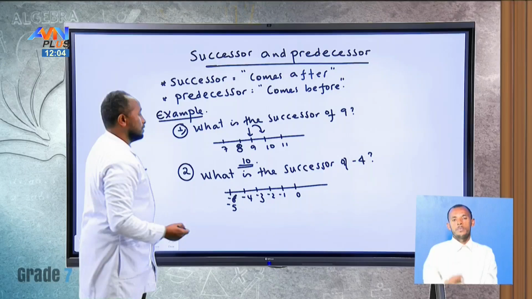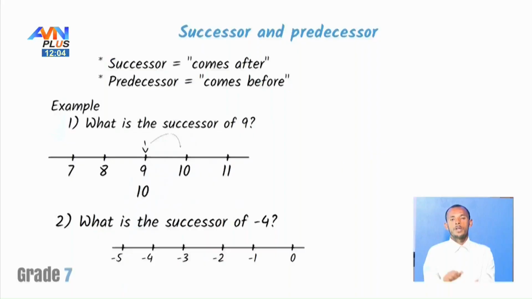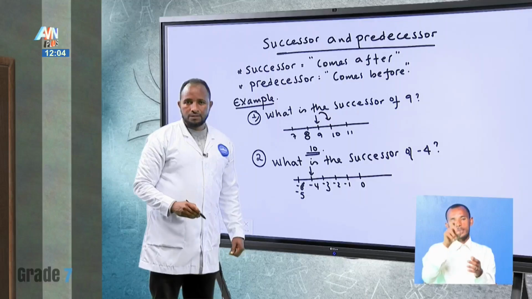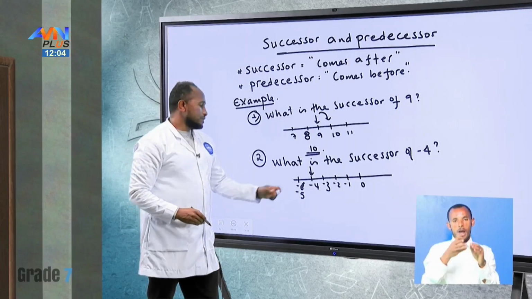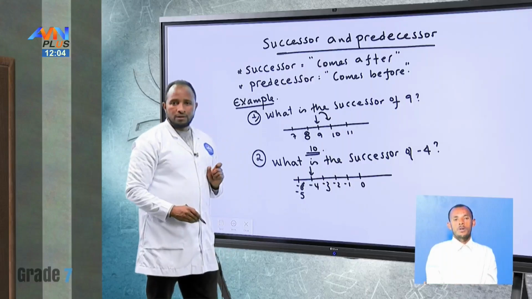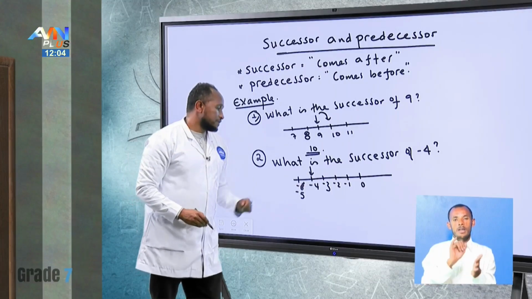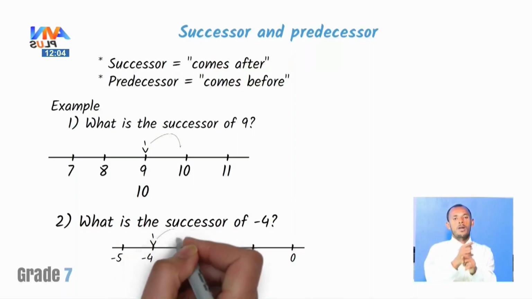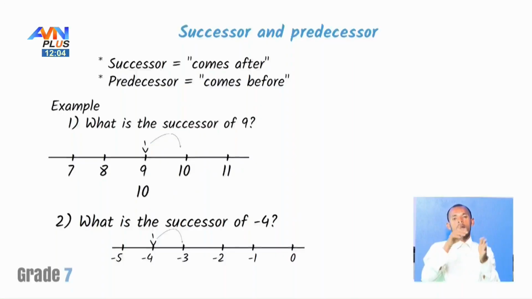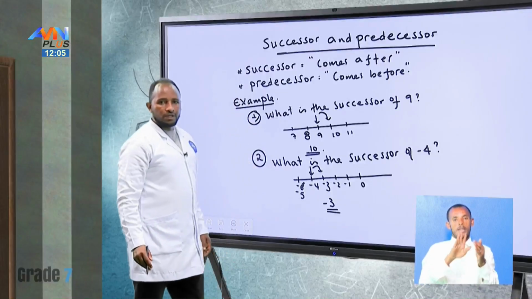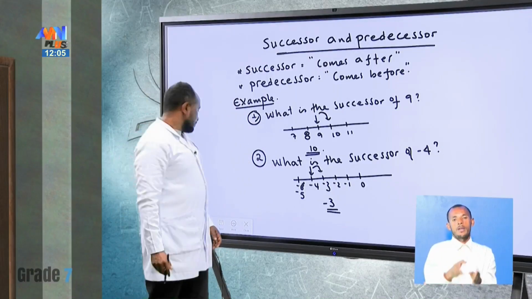So, -4 is here. We are asked its successor, the number that comes after -4. It is -3. That's correct. Therefore, the successor of -4 is -3. Let's see more examples.